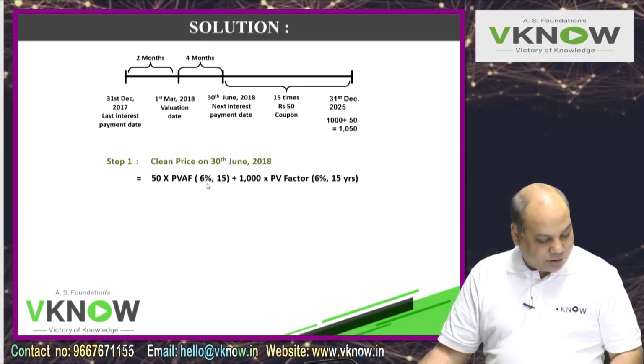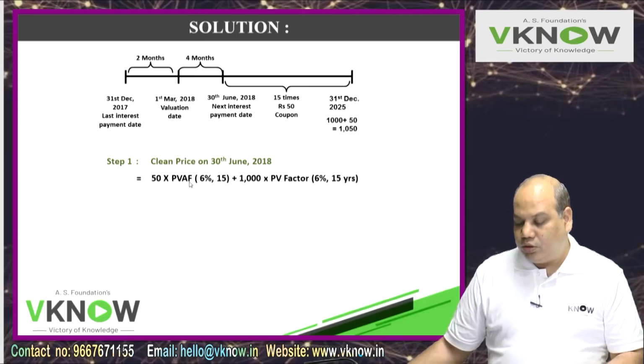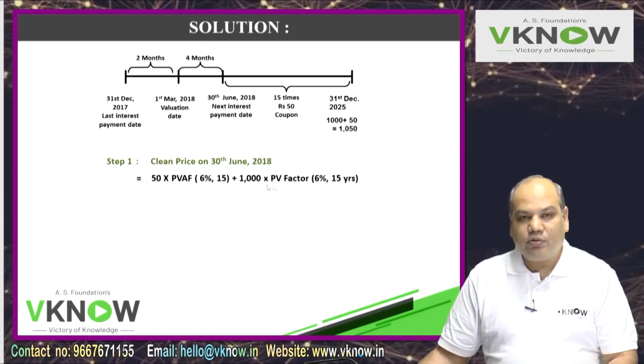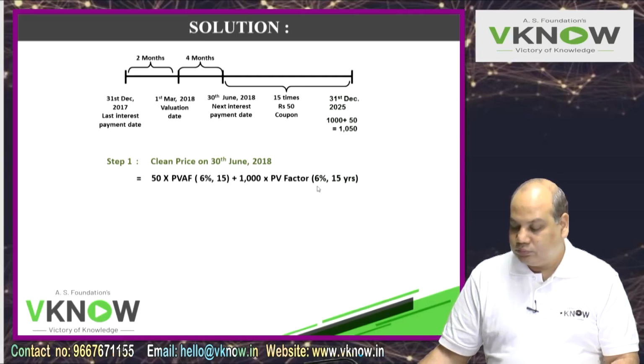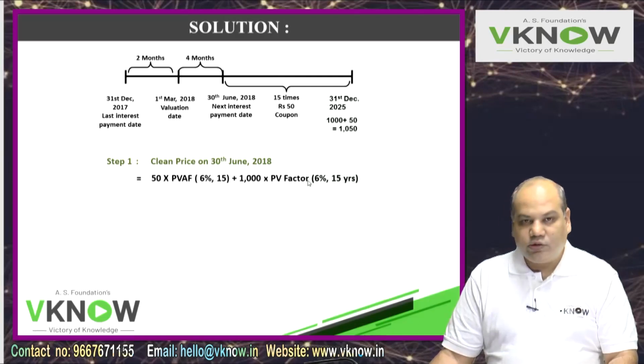Discount rate is 12%, but for semi-annual bond we will take half, 6%, comma 15, plus 1000 is face value into PV factor 6% comma 15 years. So please solve this calculation. I'll give you 2 minutes, not 2 minutes, 30 seconds to try.